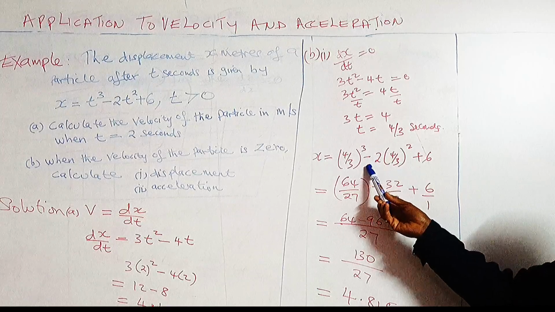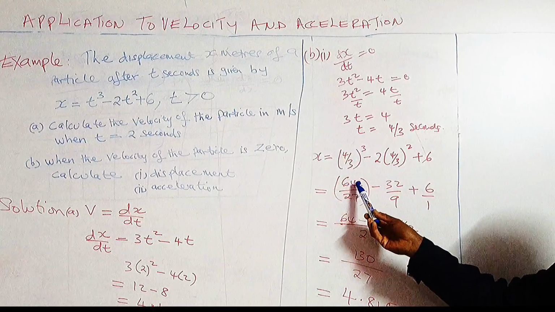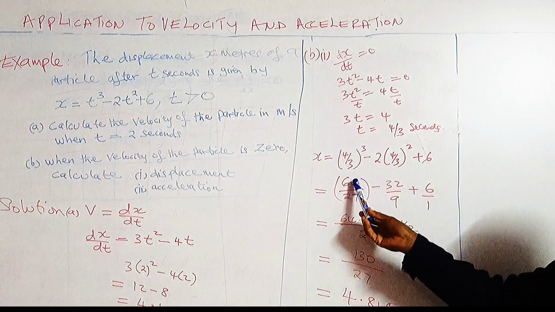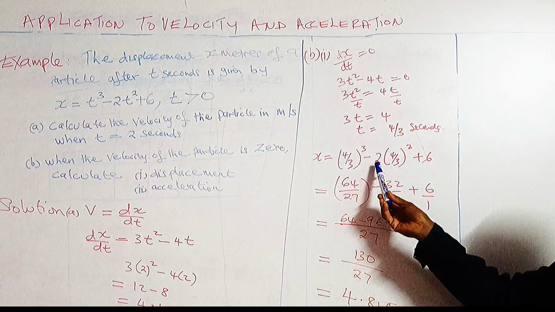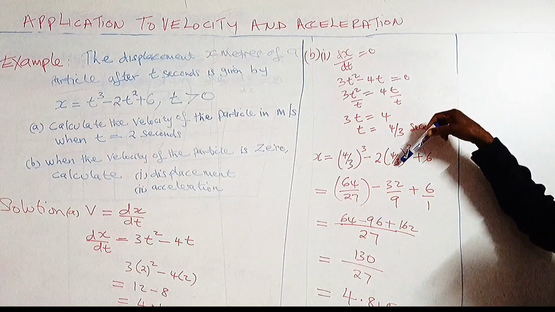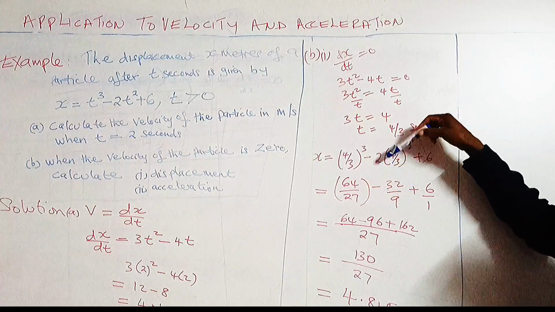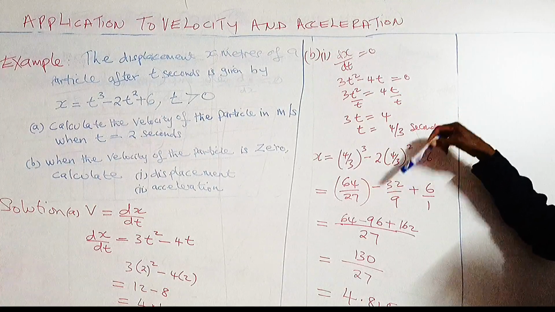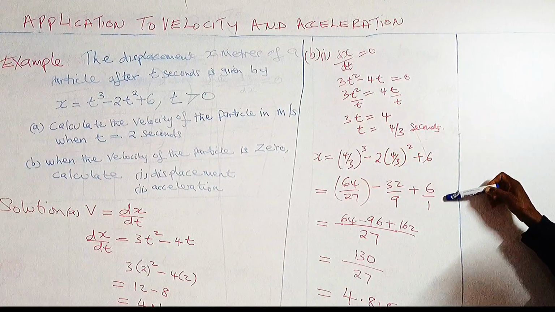Opening the bracket, 4 cubed is 64, 3 cubed is 27, so we'll have 64 over 27. 4 squared is 16, 3 squared is 9, so 16 over 9 times 2, we get 32 over 9, plus 6 over 1.